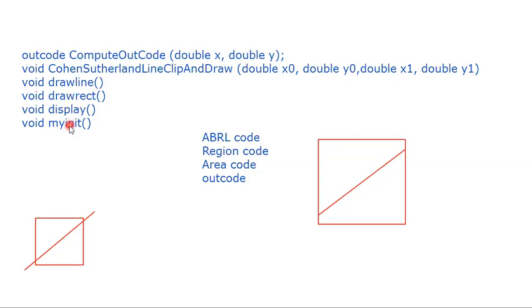And init is for initialization of the glut function, which is used in my init function. So I hope you understood all these 6 functions, and this is the output of the program where you pass the line, and here the line is clipped and shown like this. Further videos of this will be shown in the next.